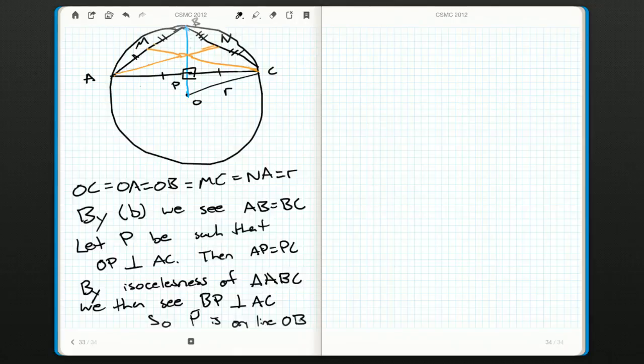Okay, so what can we do here? Gosh. Would connecting M and P or P and N do anything for us?